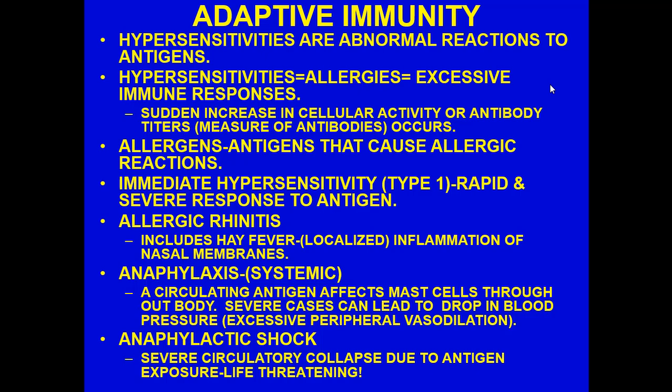Instead of vasodilation, vasoconstriction, and increased heart rate, so it increases blood pressure and the pulse, but it keeps them alive, as opposed to the next step, which is anaphylactic shock. This is due to severe circulatory collapse, massive peripheral vasodilation due to the antigen exposure, and it can be life-threatening.